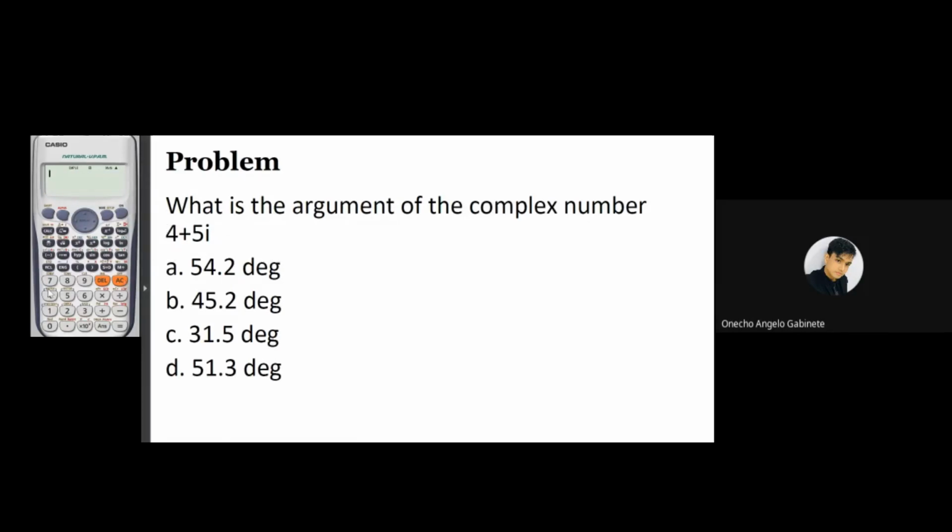Converting 4 plus 5i into polar form, I have square root of 41 angle 51.3. So the absolute value is the R value, and the argument is the angle, when the complex number is in polar form rather than standard form.